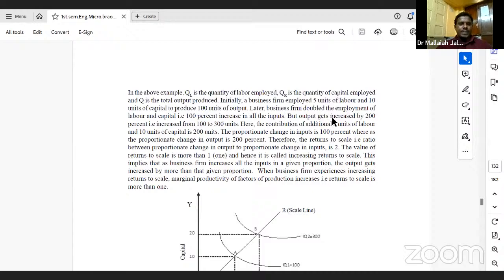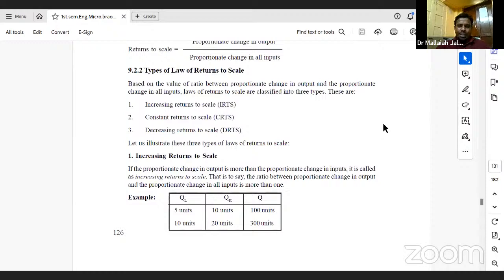Right. Increasing returns to scale, we are talking about increasing returns to scale. As I said, there are three types of returns to scale: increasing returns, constant returns, and decreasing returns. This is very important and we can remember it easily.